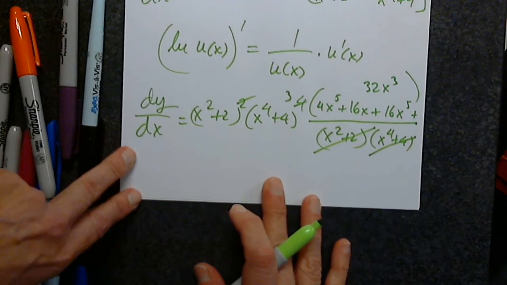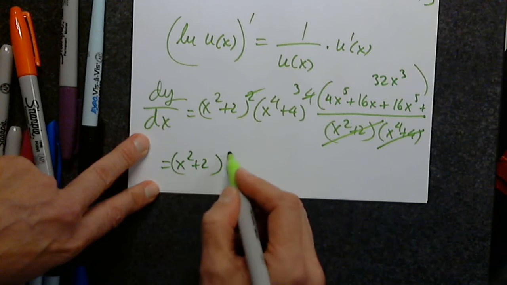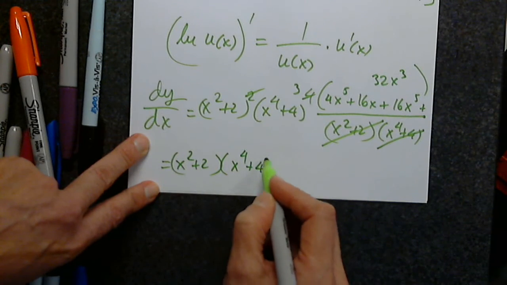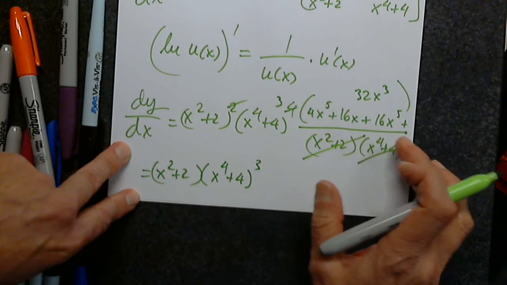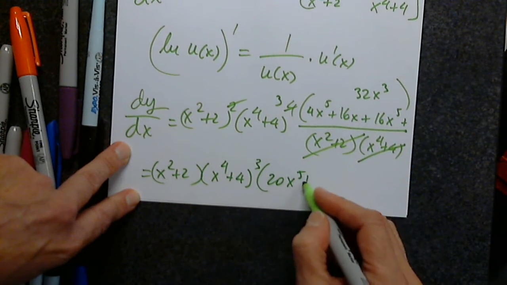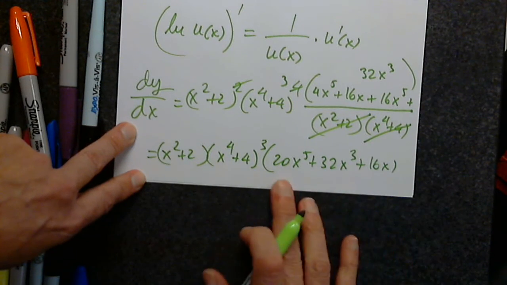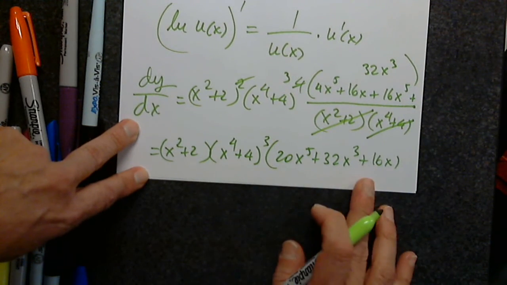So we can leave it like that. So then x squared plus 2, x to the 4th plus 4 to the 3rd, and then I have 16 plus 4, 20x to the 5th, plus 32x to the 3rd, plus 16x. And I will factor out a 4x from here.